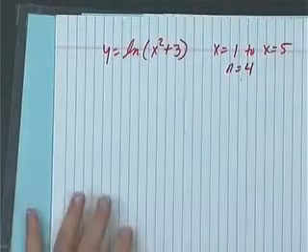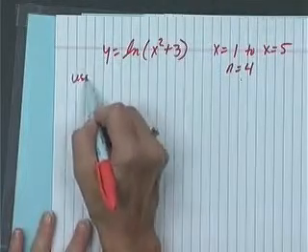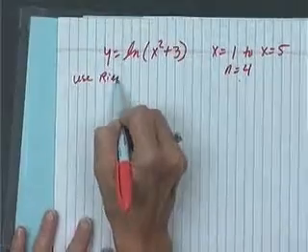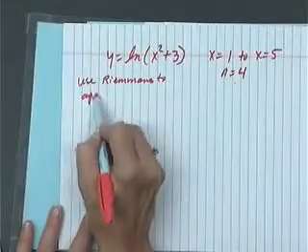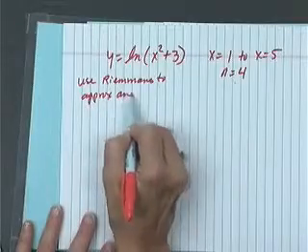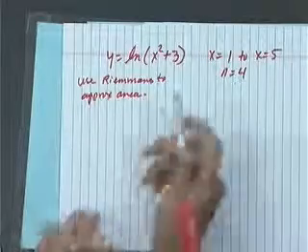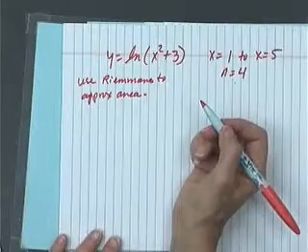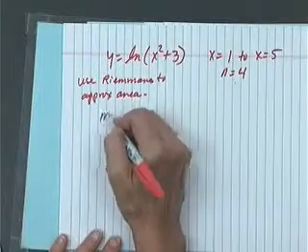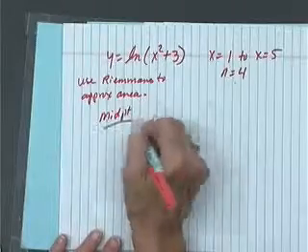All right, so the instructions on the test say use Riemann sums to approximate area, and we're going to use, what do you want to do, midpoint, right point, left point, your choice. Midpoint, midpoint.